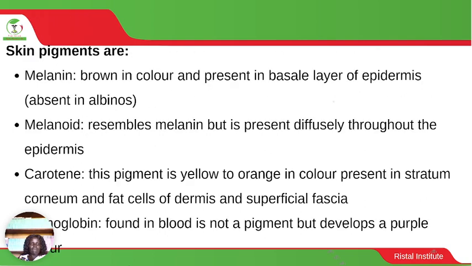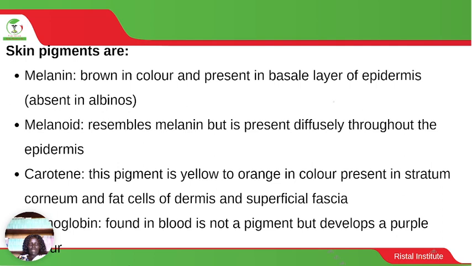The skin pigment melanin is brown in color and present in the basal layer of the epidermis, but is absent in albinos. So albinos do not have melanin. That's why their color is a little unique.